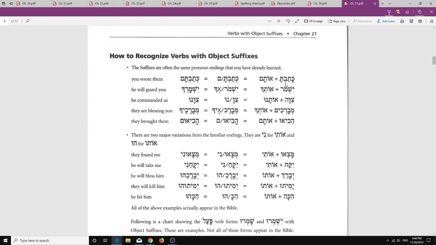We have katavta otam, okay? So she wrote them, right? The author's just kind of showing you this intermediary step of what you might be able to do. Basically you take this away and add these two together and you end up with this.